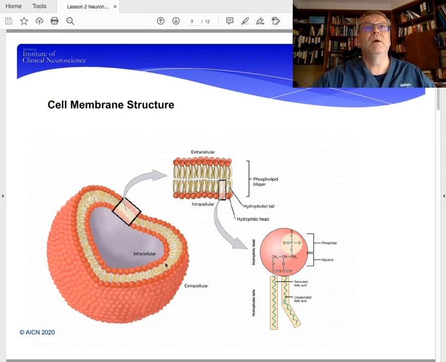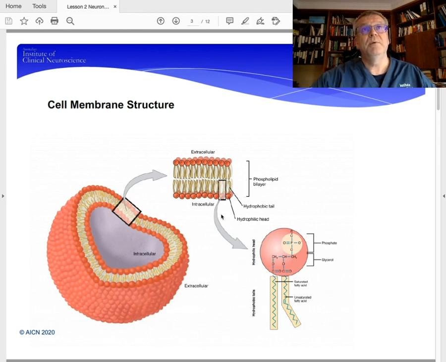So it forms a barrier to control what gets in the cell and what doesn't. And on the next slide, we'll talk about how the barrier is modified or specialized in neurons and in other cells to move things across this barrier efficiently or keep things out efficiently.